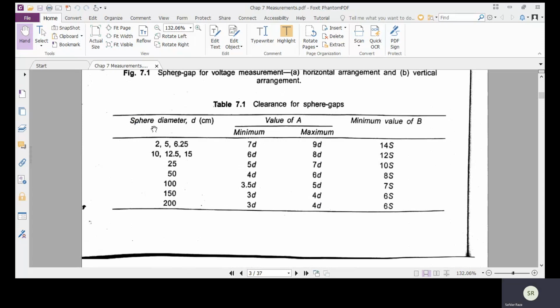Here you can see the sphere diameter and the minimum and the maximum values of A and the minimum value of B. So whenever we perform any measurement using a sphere gap, we keep a close eye on table 7.1, which is related to the clearance for sphere gap.